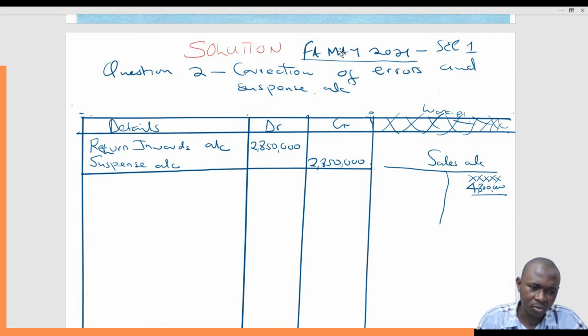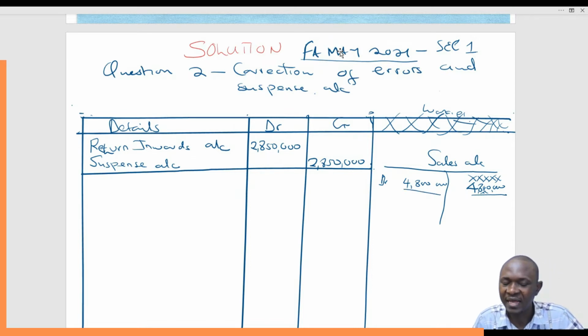We are simply supposed to debit this figure, the excess of 4.8, so that it can cancel this one out. When you put 4.8 this side, it will have that cancelling effect and will have a zero. So we'll have reduced that excess amount to zero.